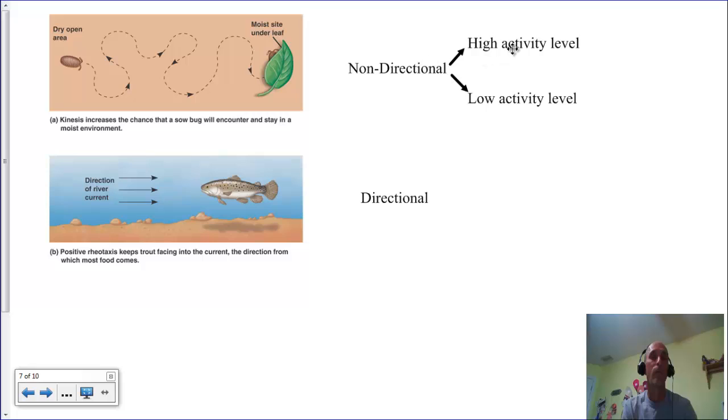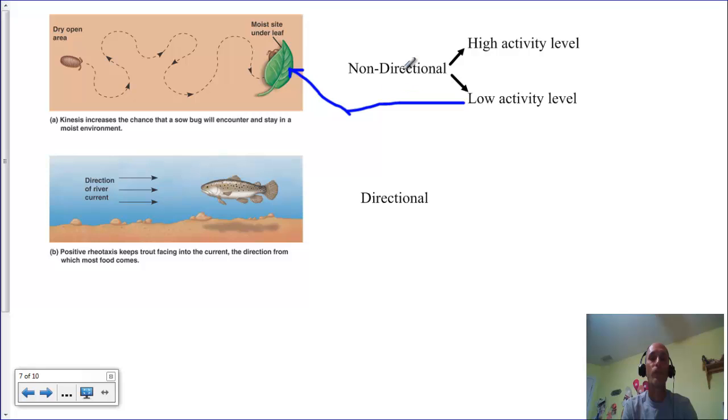Now the kinesis is slower. So outside here, fast, and inside here, slow. So it's non-directional. It's not like, hey, I'm going to that leaf. It's like, hey, I'm just moving until I find a comfort level. So that's kinesis and taxis, and those are also going to be things that allow us to maintain homeostasis.